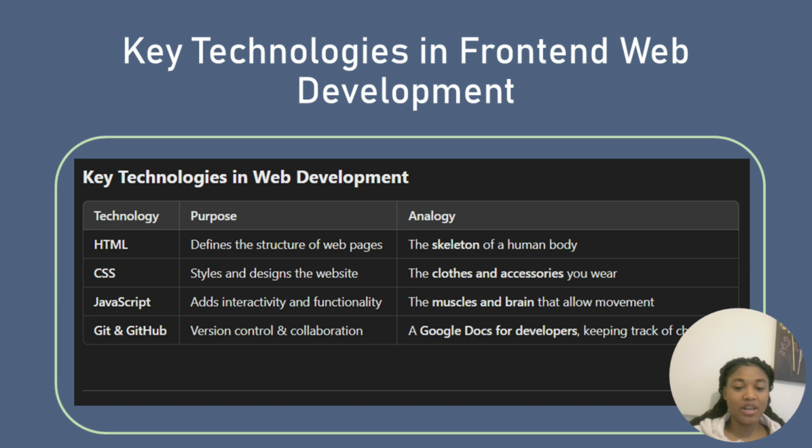Just do some research, because that's always good to do. Then find real life examples of things that you can relate to. Go to different websites, look at the text, look at the designs, and be like, okay, I understand now. This is what she was talking about. This is mostly HTML. The color I can see here is CSS. The slideshow is JavaScript. So just do some simple research.